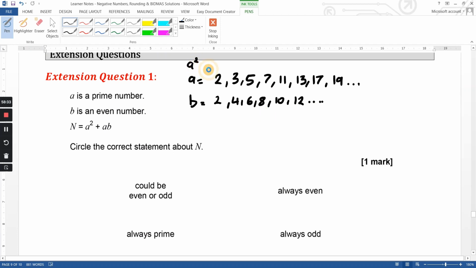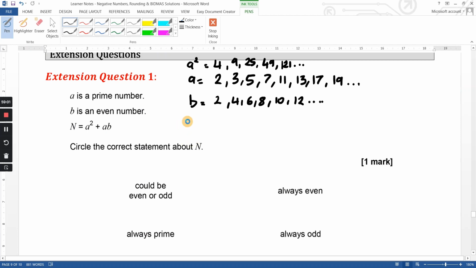The square of those is 4, 9, 25, 49, 121, and so on. You'll notice that a squared is either even or odd. There's only 1 even number, the rest look like they're odd.